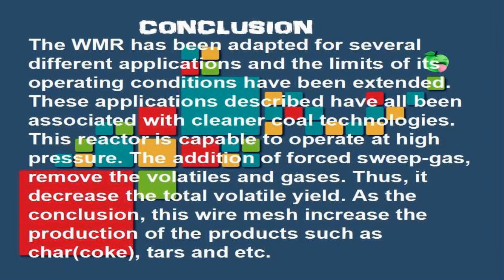This reactor has many advantages for the pyrolysis process. Okay, the addition of the forced sweep gas removes the volatiles and gases. Thus, it decreases the total volatile yield but increases the production of char.